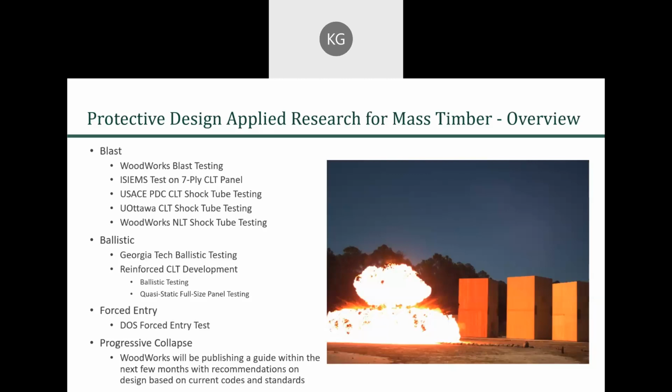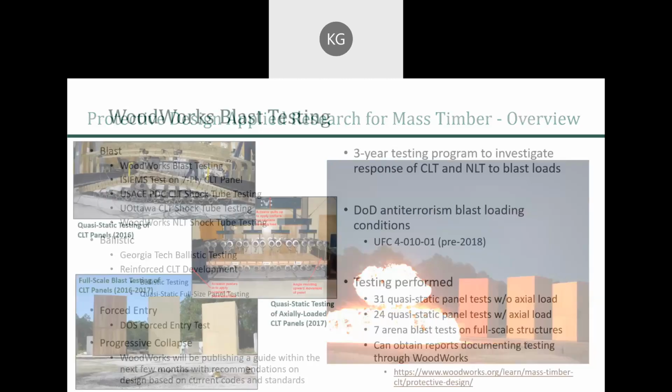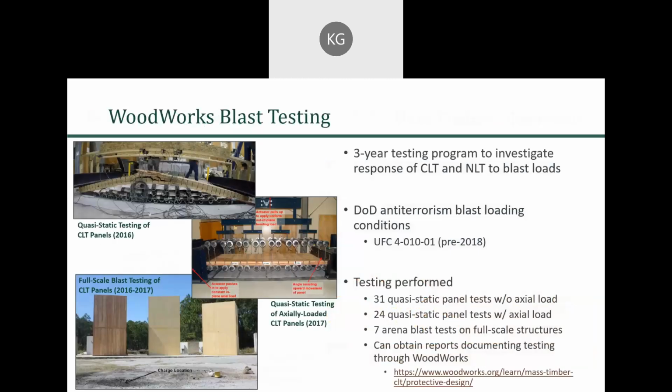And then in addition, KCI, which is a blast consultant, is working with the Army Corps of Engineers to update the UFC progressive collapse document to include mass timber. So that's ongoing. And then the blast testing was designed to investigate the performance of CLT for Department of Defense anti-terrorism blast loads.